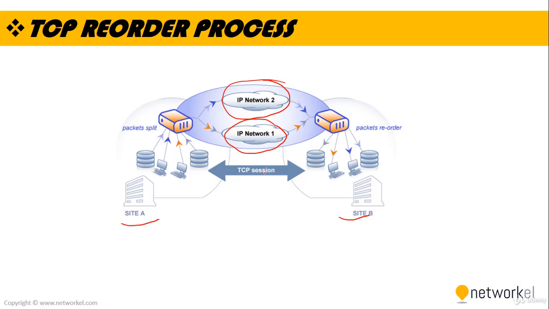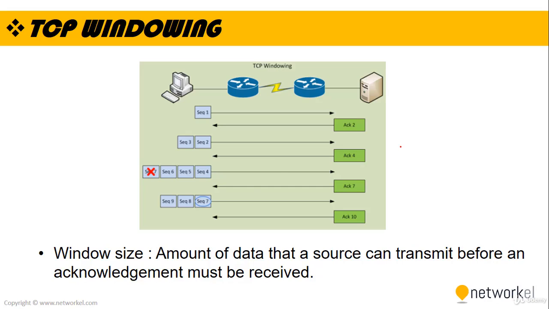Some of them may prefer IP network 1, and some might prefer IP network 2. TCP reorders these packets at the destination, and this process is known as the TCP reorder process. This process is not available for UDP, guys. Please pay attention to that.